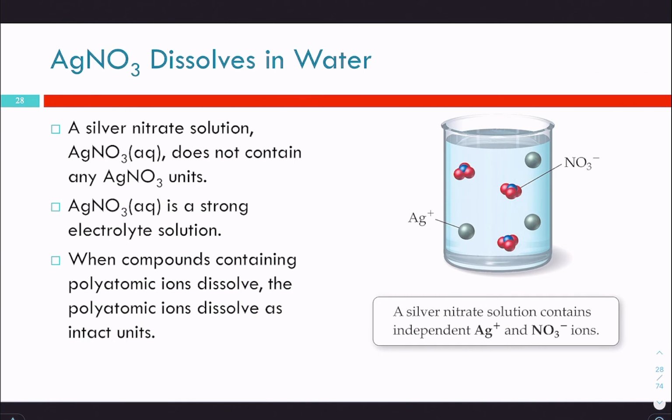So silver nitrate is also a strong electrolyte solution. And this is part of why we talk about these polyatomic ions as individual units, because when you add them to the water, the NO3 stays together. It just splits away from the silver. So the polyatomic ions dissolve as intact units.